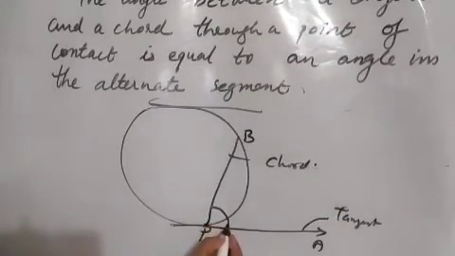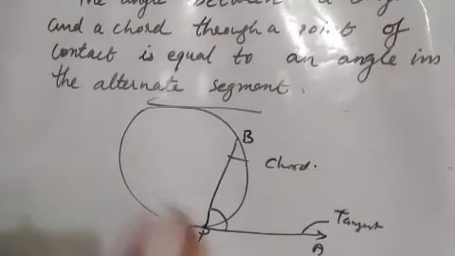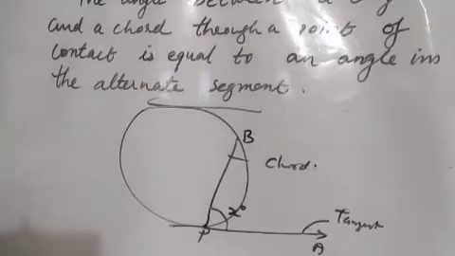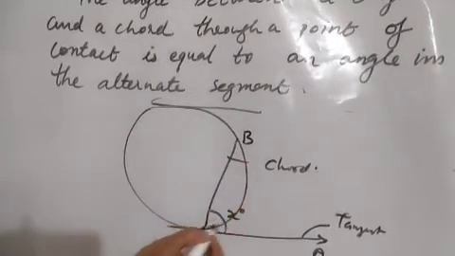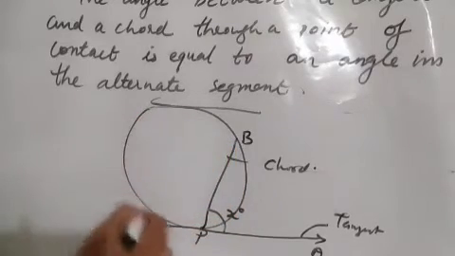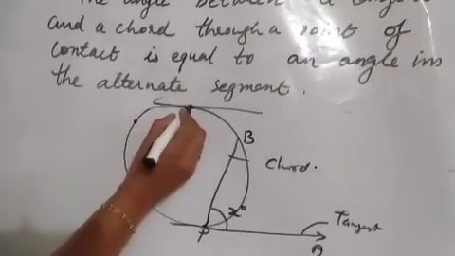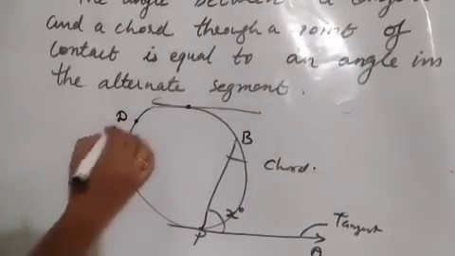And the angle between the tangent and a chord: let x degree be the angle between the tangent and a chord. That is equal to the angle in the alternate segment. This is the segment, no? So this portion is the alternate segment. If we mark any point here, we can mark anywhere. Suppose D is a point.